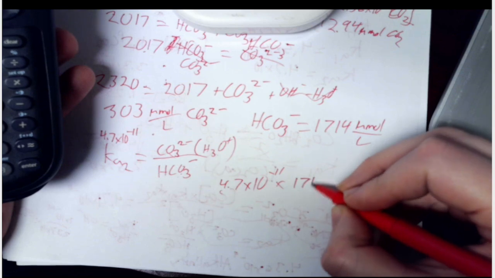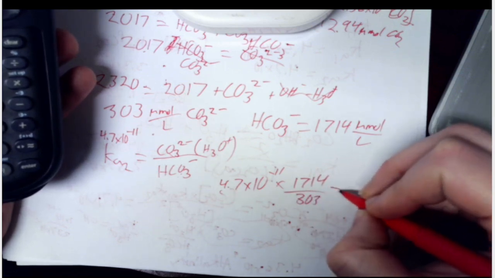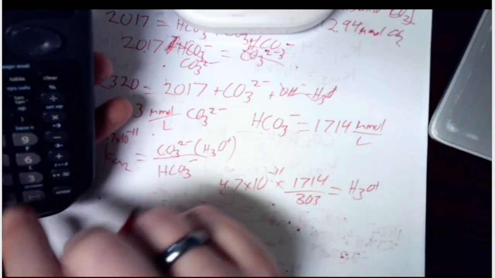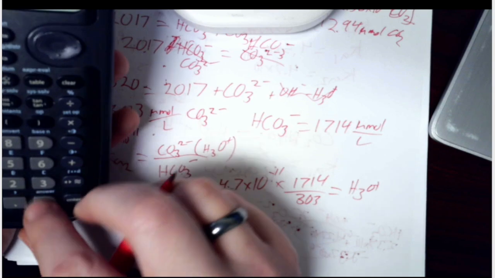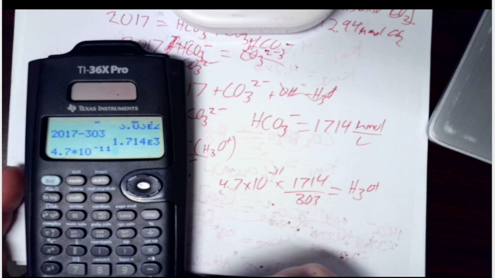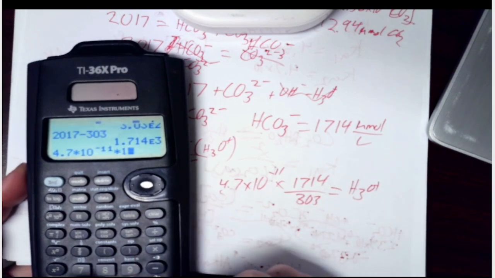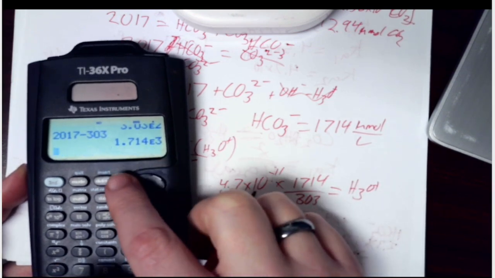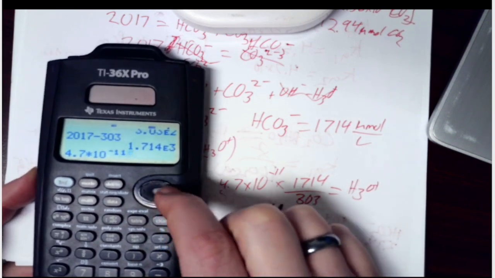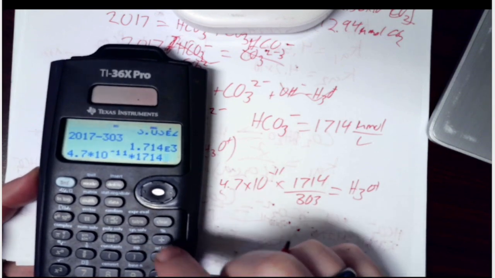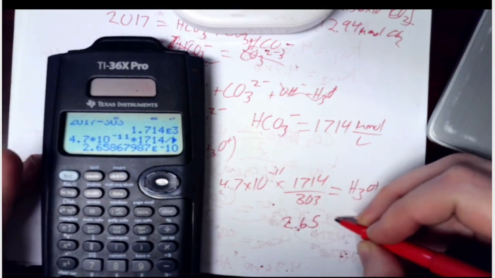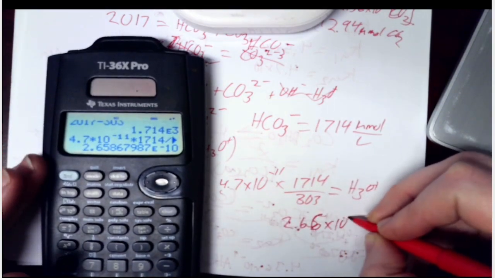So 4.7 times 10 to the negative 11th times 1714 divided by 303 would give us our hydronium concentration. Let's see if this looks reasonable in terms of hydronium being negligible. That gives us something like 2.66 times 10 to the negative 10th.